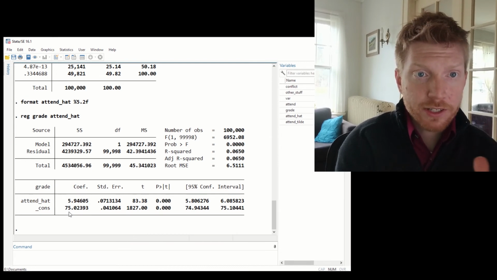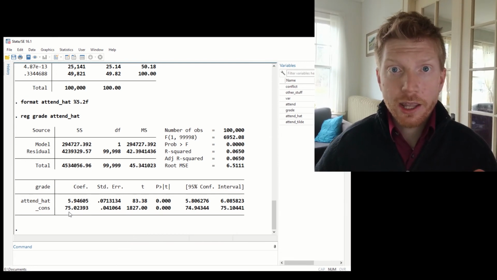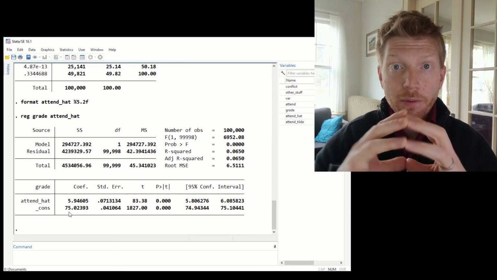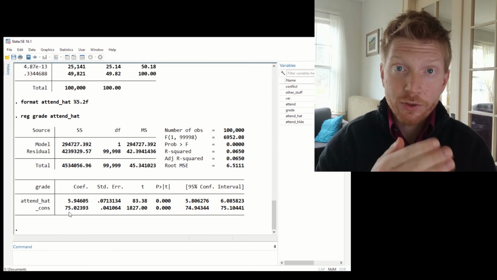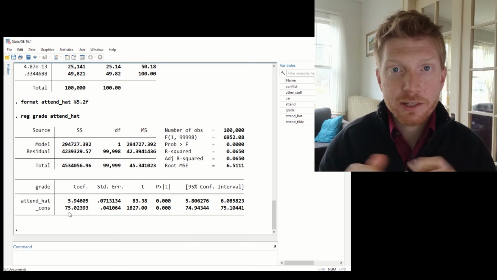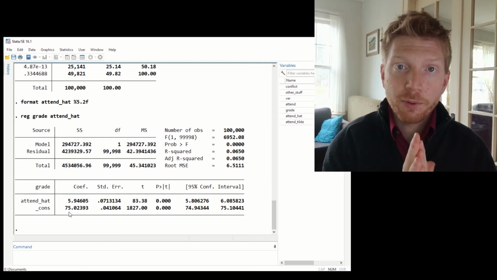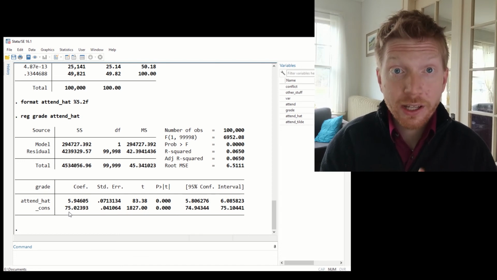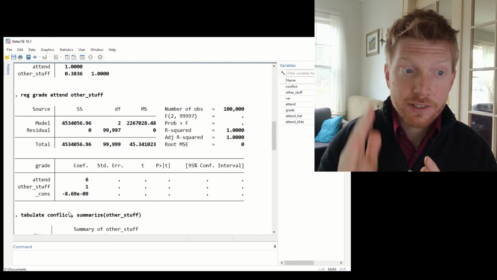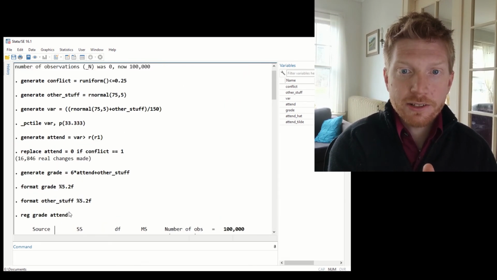Now, a couple of things to emphasize. In our example with the two people, we were dependent on those two people being very, very similar. What we're dependent on here is that the other stuff is similar in expectation.